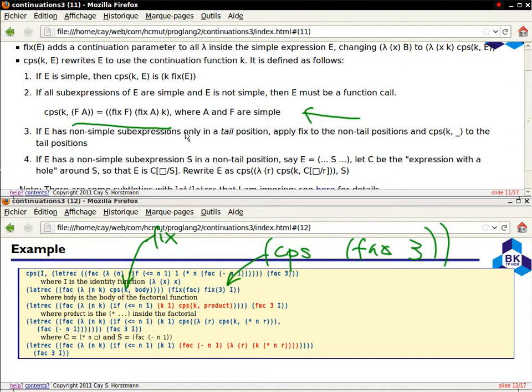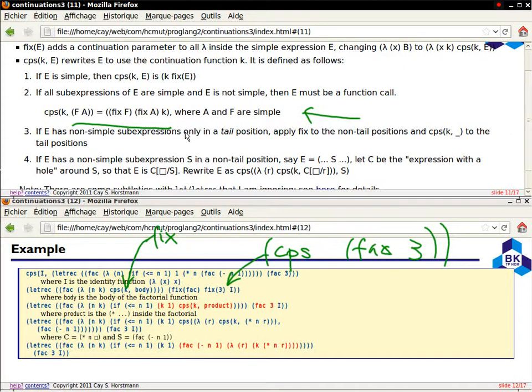So I really did apply fix to this and applied CPS to it. Now what did I do in the next step? Now I have a bunch of CPSs that I need to, and I say here body, where body is the body of the factorial function. So now fix of fact and fix of 3 don't do anything because they are simple. There's nothing else to change, so they go away. And now we have some work to do over here.